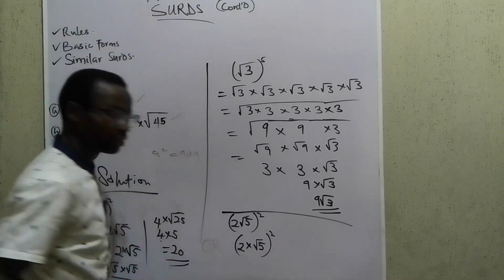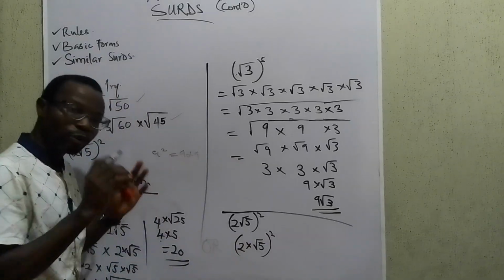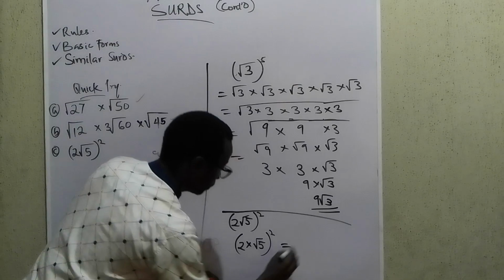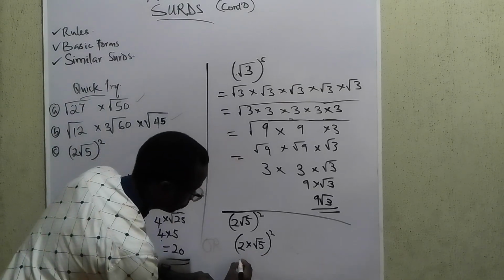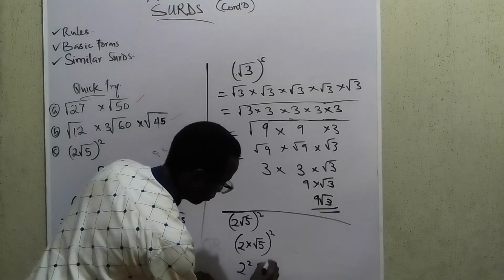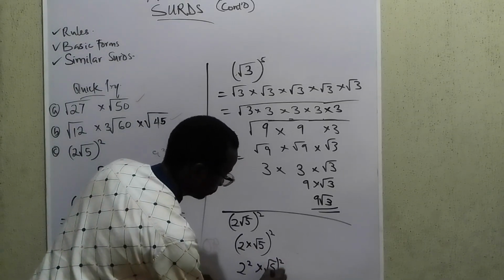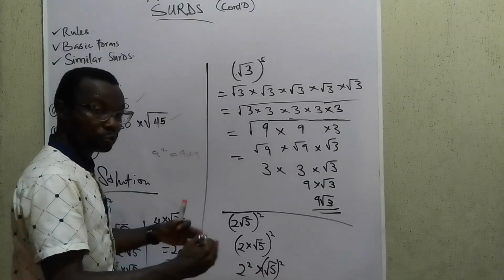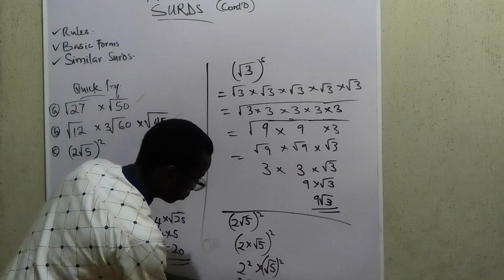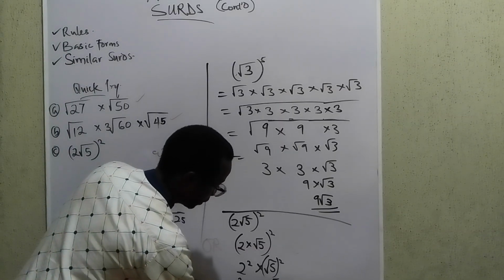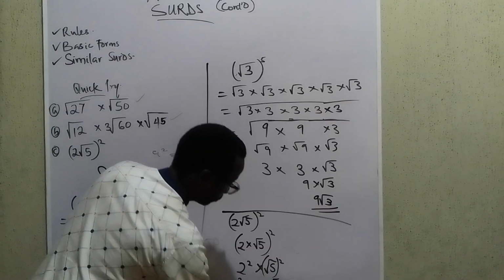The bracket is still here. Let each one get its own square sign. So it's going to be 2 with its own square sign, and root 5 with its own square sign. The 2 raised to power 2 means 2 times 2, and then times root 5 times root 5.